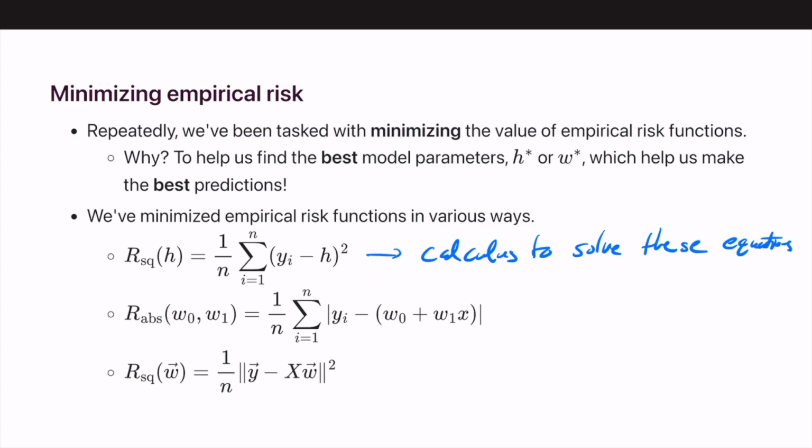Or instead of using calculus, in the case of simple linear regression with absolute loss, we had to use multiple loops and a kind of brute force approach to solving these.